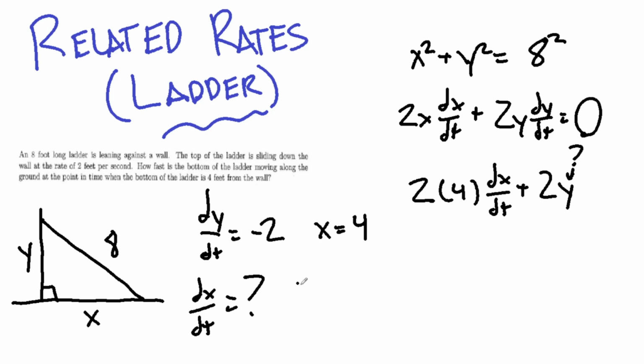We haven't found y yet. That's still needed. So when we plug in and find something we don't have, we have to look back to the information we have in the picture and equations to find out if we can somehow find this variable. And in this case we can, because we can use the Pythagorean theorem.